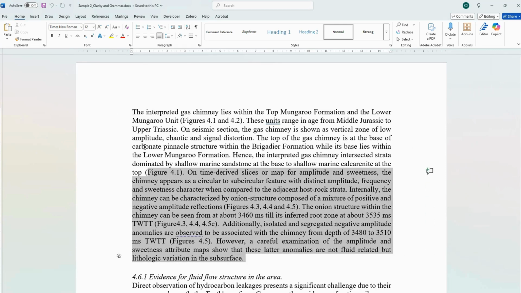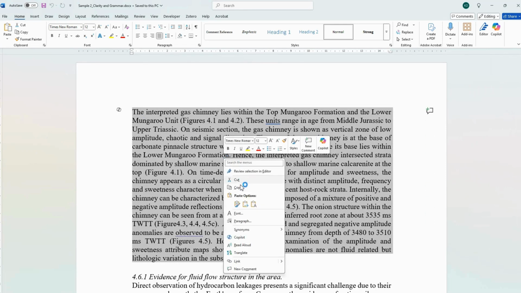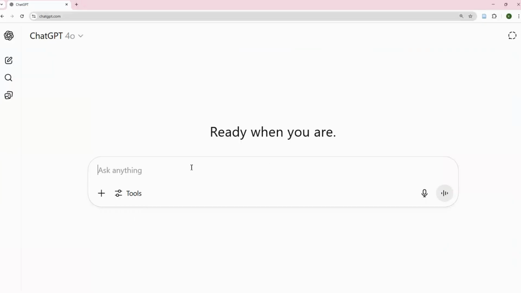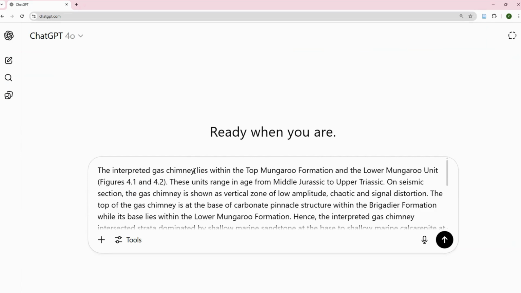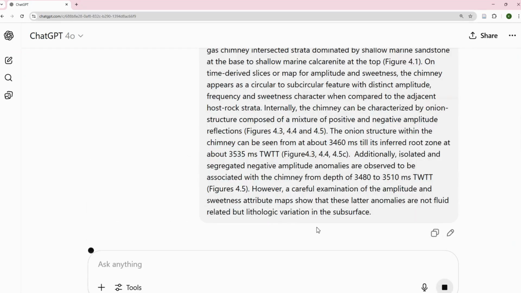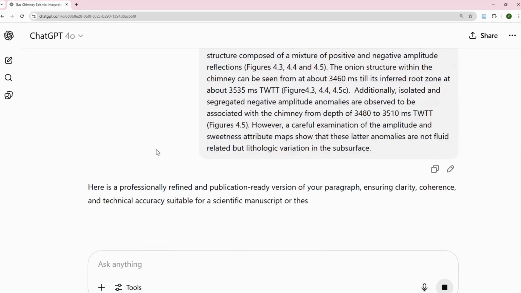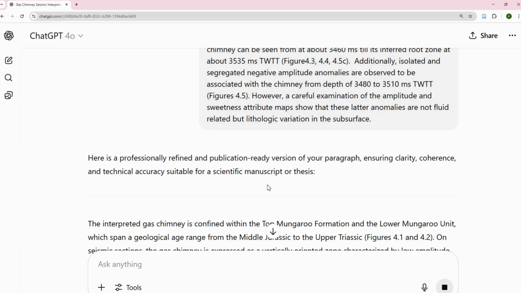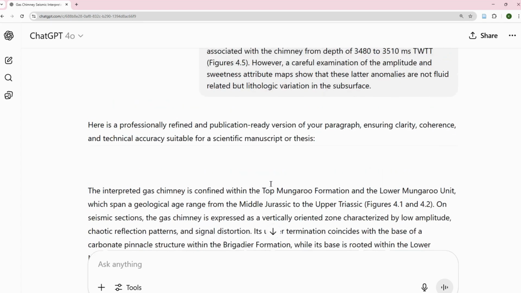So we copy this text, and then this time around we're just going to paste this text, and then we just hit enter and await the response that we get from ChatGPT. Here is a professionally refined, publication-ready version of your paragraph, ensuring clarity, coherence, and technical accuracy suitable for a scientific manuscript or thesis. It has even refined it by itself.